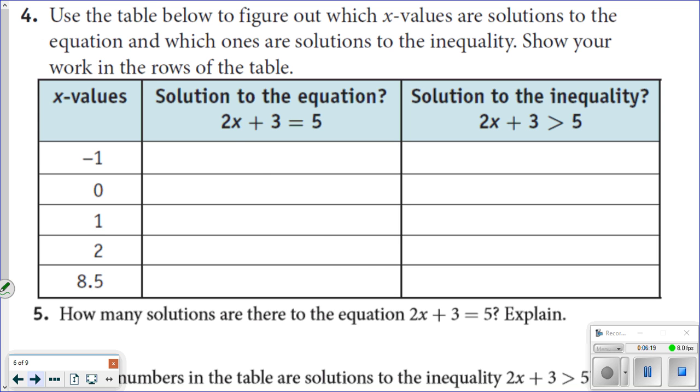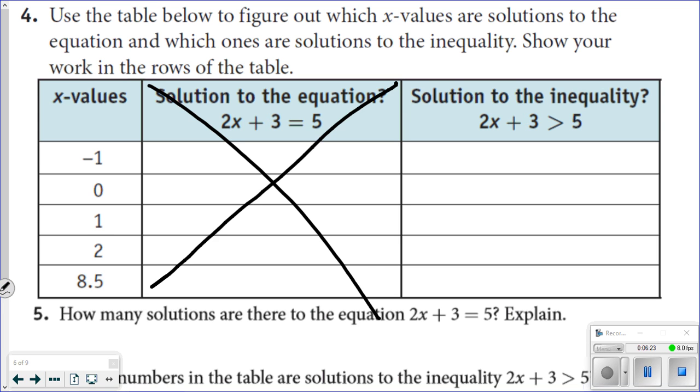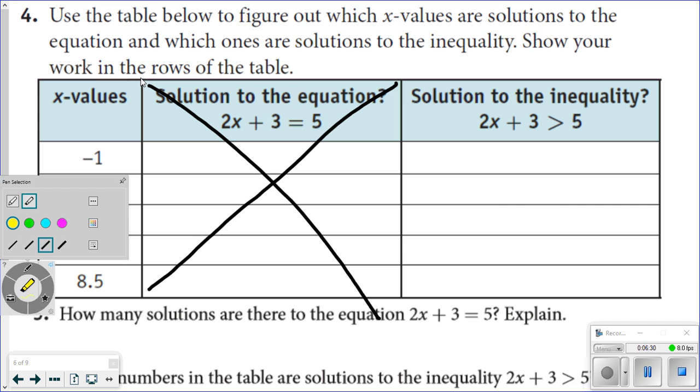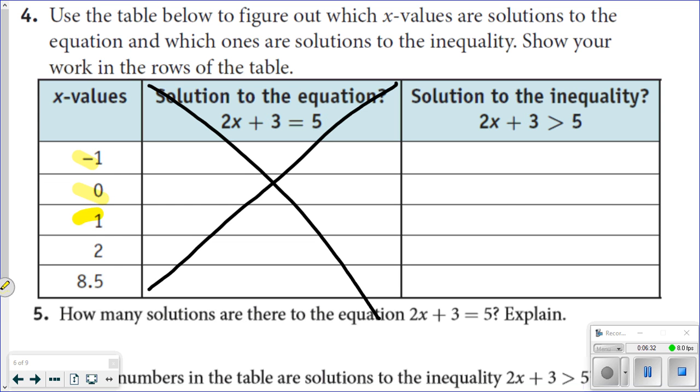All right, let's take a look at this table. We are only going to focus on the inequality on the right-hand side. And we are going to take these x values and plug them in to our inequality, this inequality right here. So instead of having an x here, we are going to substitute in -1 first.